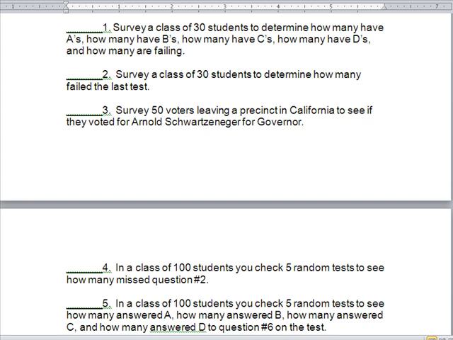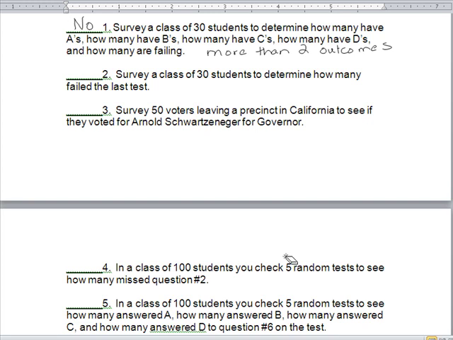My answer to that is no, it's not a binomial probability distribution, and the reason is we have more than 2 outcomes. With a binomial probability distribution, we want to make sure we only have 2 possible outcomes. One we designate as success, the other we designate as failure.